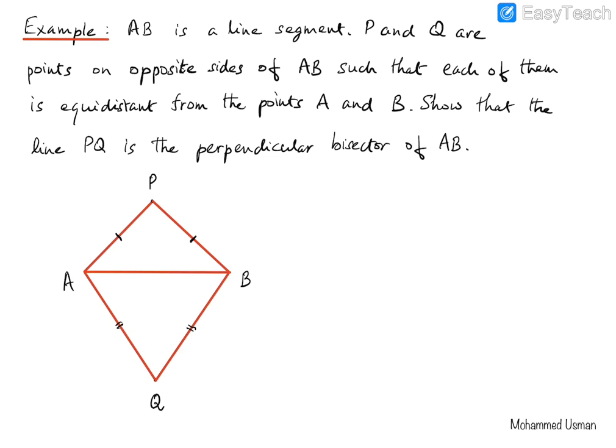And what we are asked to show is that the line PQ is the perpendicular bisector of AB. So we are asked to draw a line PQ here.